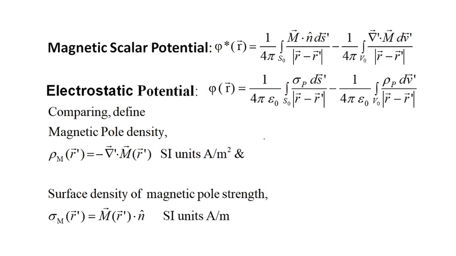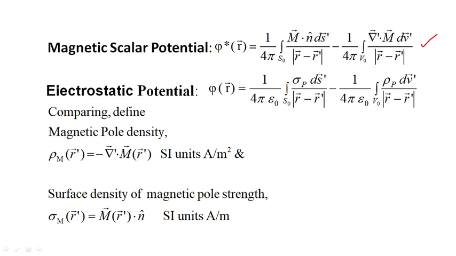So now I have written it here. This is what we found on the previous slide. This is the magnetic scalar potential: phi star equals 1 upon 4 pi surface integral of M dot n by modulus of R minus R dash, minus 1 by 4 pi volume integral of del dash dot M divided by modulus of R minus R dash.